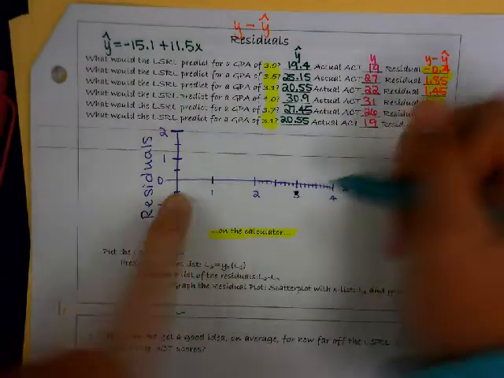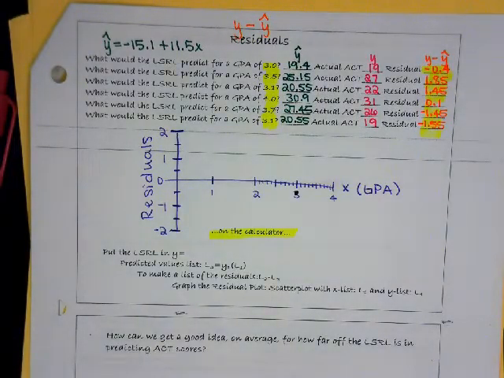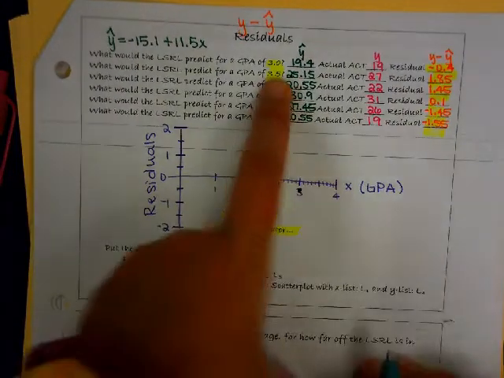Then I had a GPA of 3.5 with a residual of 1.85. So that's pretty close to 2 up there.